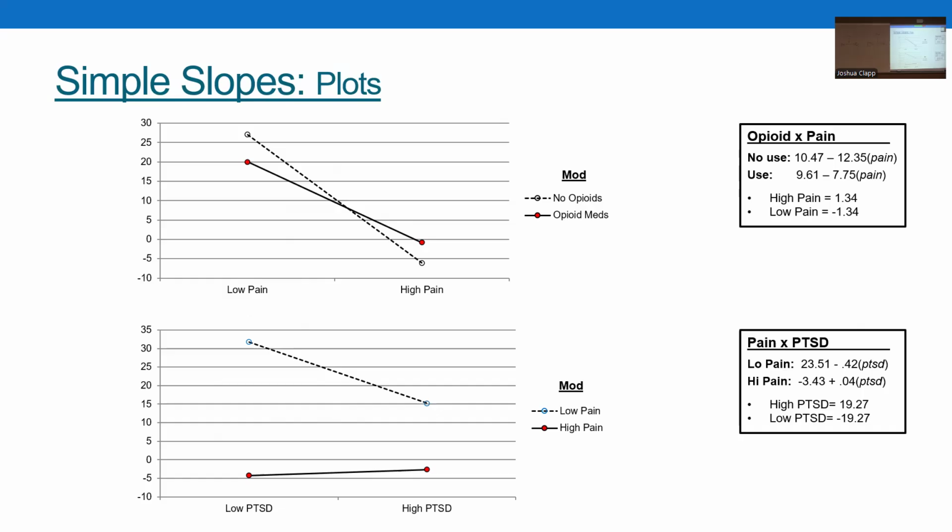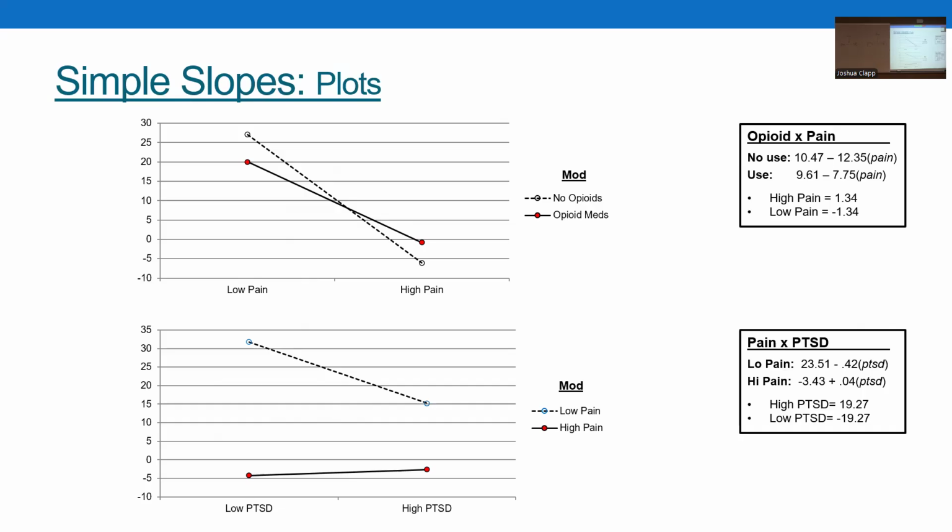No, right? What we're doing with these continuous regression models, like Jayla said, we're interested in rate of change, continuous change across the levels of our moderator. So an appropriate interpretation of this is that it looks like for individuals who are not using opiates, we're seeing a stronger association of pain and functioning relative to people who are using opiates.